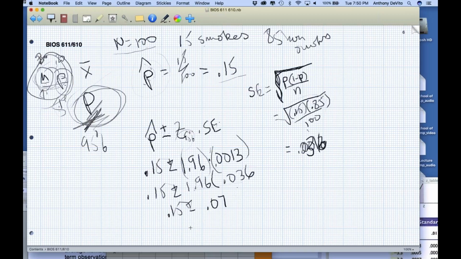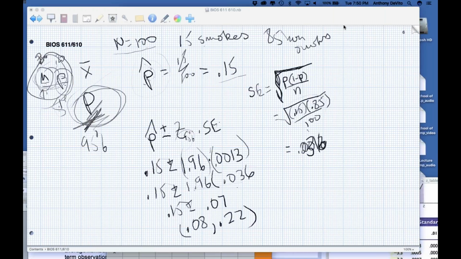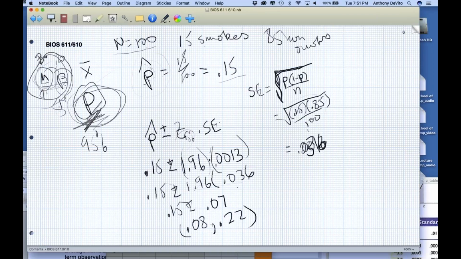Okay, so that's going to be equal to 0.08, comma, 0.22. Okay, so I am 95% certain that the true population proportion is between 0.08 and 0.22.